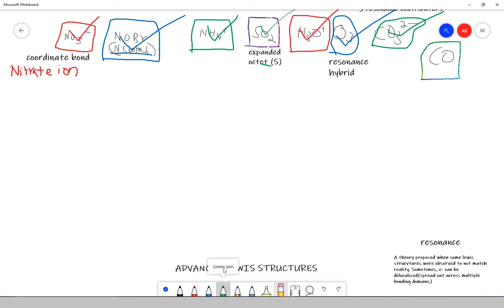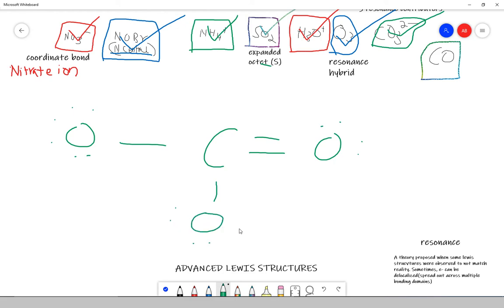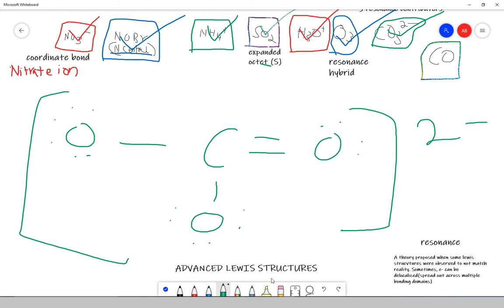Oh, and I completely forgot, we need to write our brackets. So it's going to be C like this, with our brackets, and 2 minus. So that should be the correct structure. Let's move on to the last one.